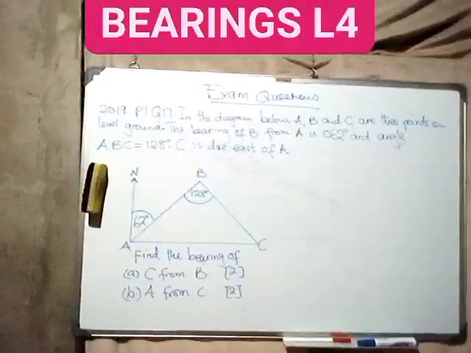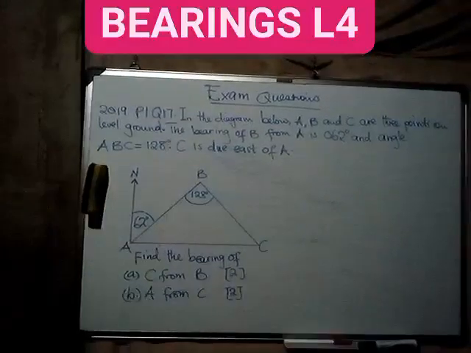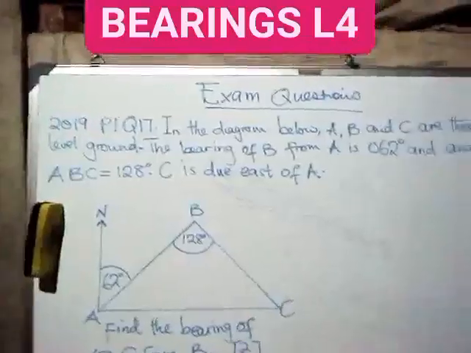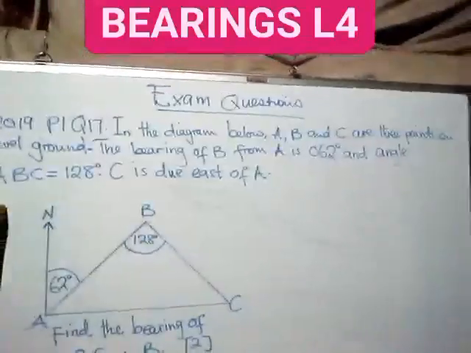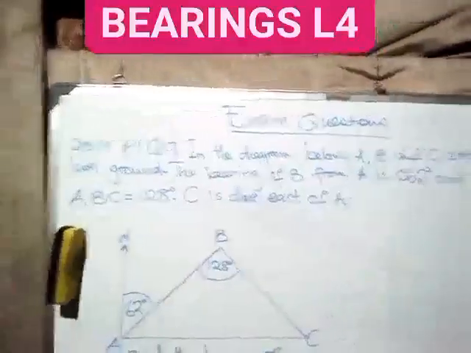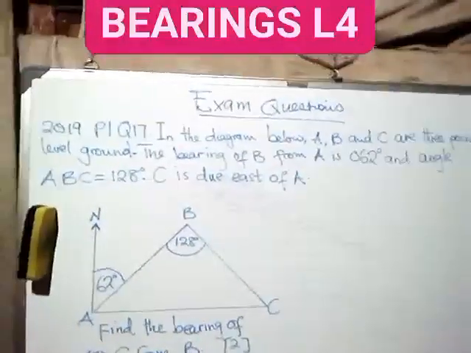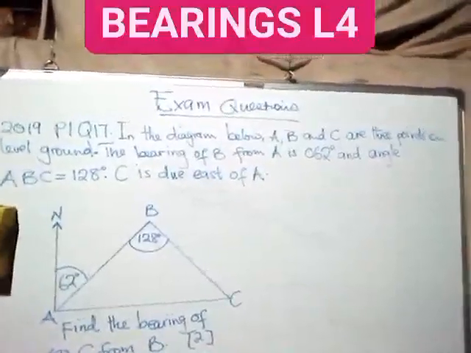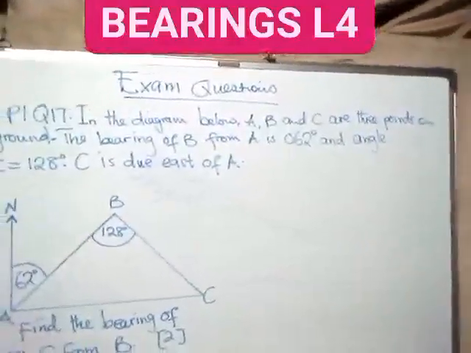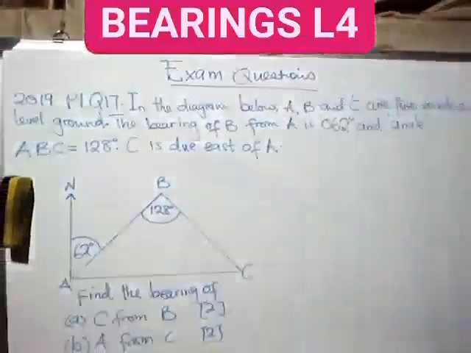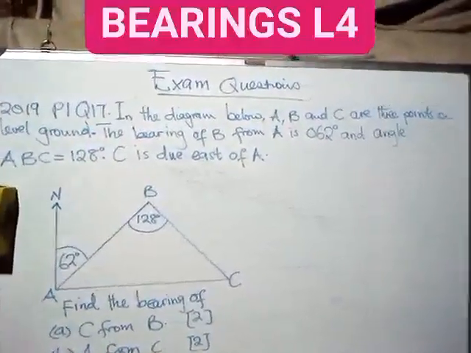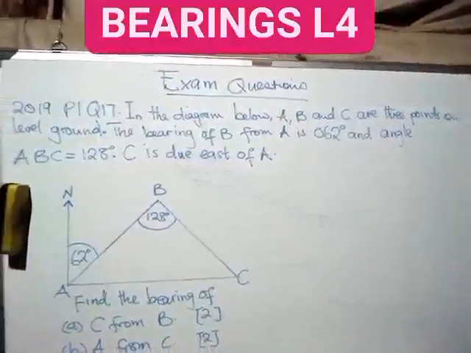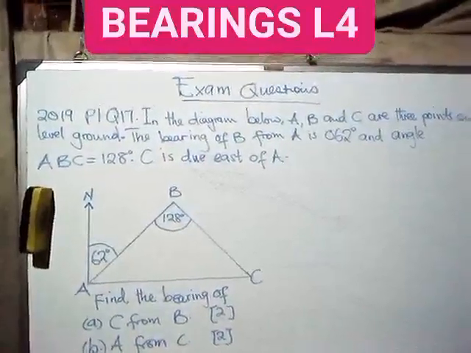So we look at sample exam questions on bearings. We have this question of 2019, paper 1, question number 7. And the question is, in the diagram below, A, B, and C are 3 points on level ground.